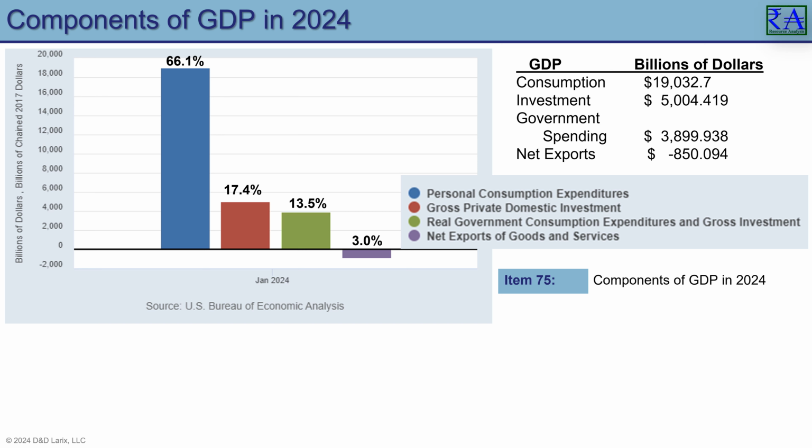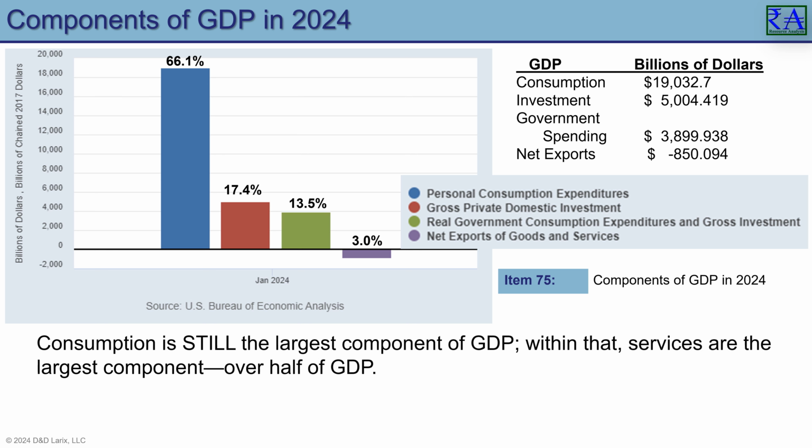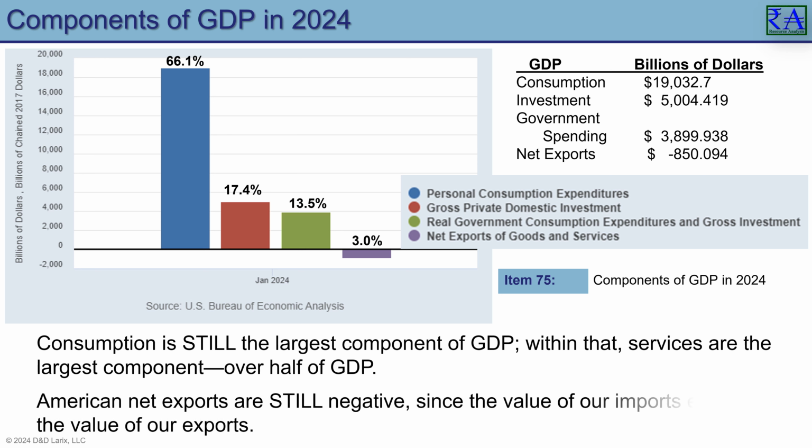Fast forward to 2024, and we see some shifts in the components of GDP. While personal consumption expenditures still make up a significant portion, there have been changes in the other components due to various factors such as technological advancements, policy changes, and global economic conditions.